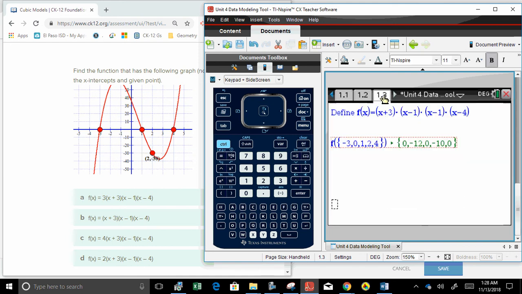So again, go here. x plus 3, x minus 1, and x minus 4, but there's only one of them. And I have to decide what happens at those points. At negative 3, 0, 1, 2, and 4.